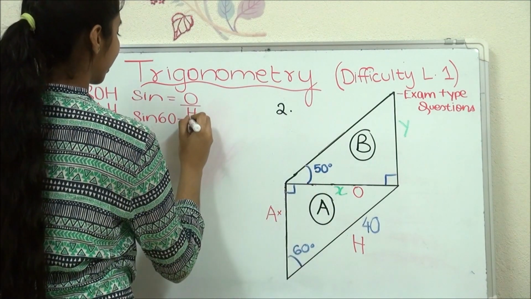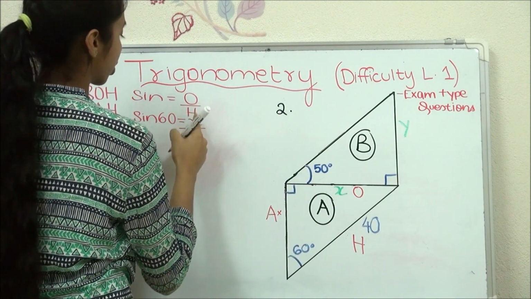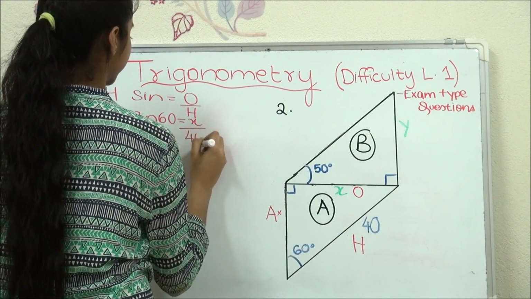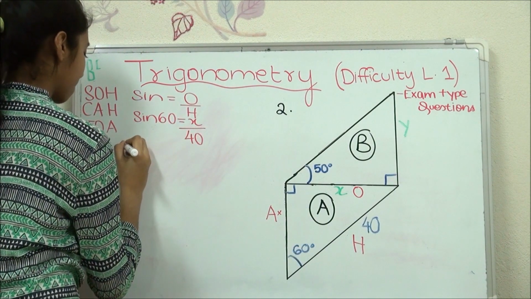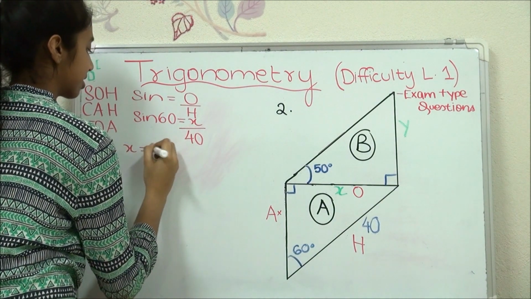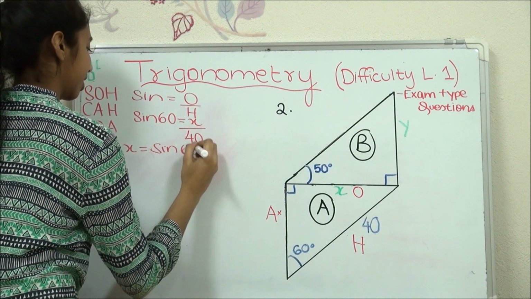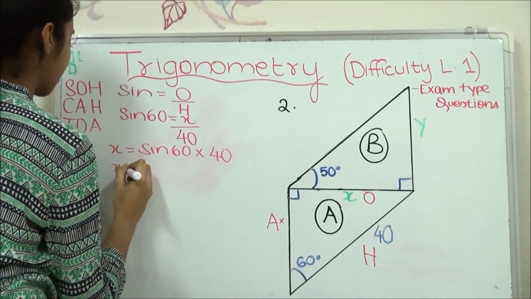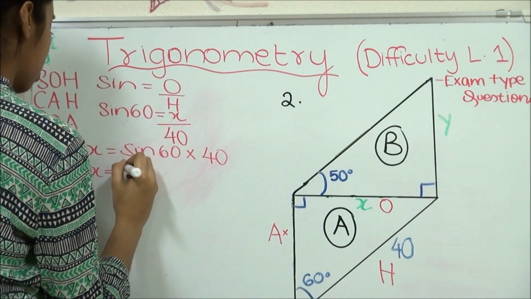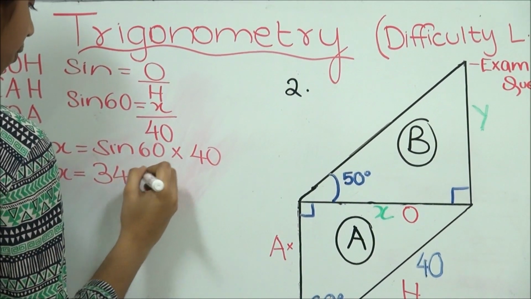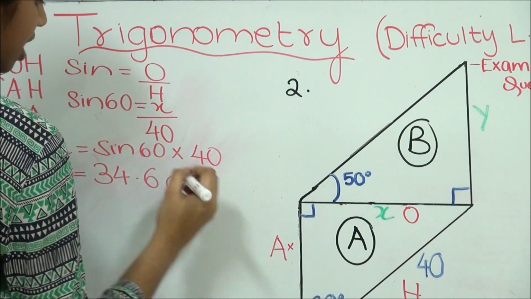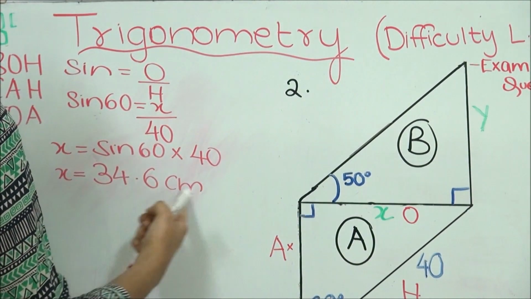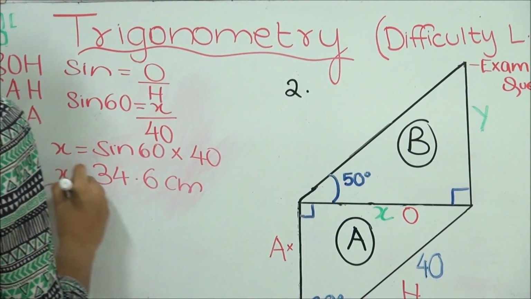Opposite is x that we need to find, over h, which is hypotenuse, 40 centimeters. So to find x, we need to multiply sine 60 with 40 centimeters. So the length of x will be 34.6 centimeters if you calculate it. X is 34.6 centimeters.